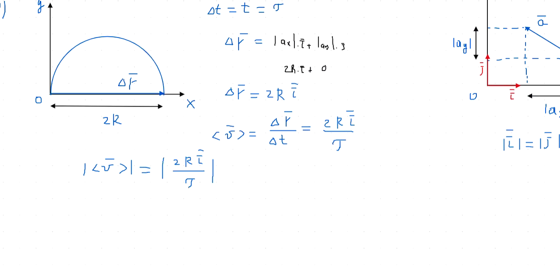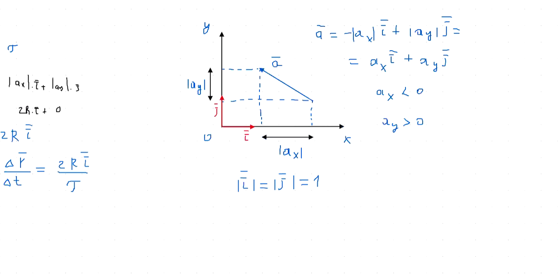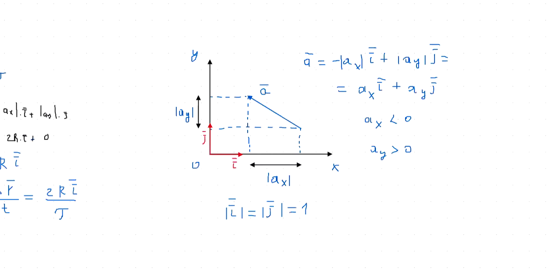Okay, let's have a look again at our picture. The modulus of a vector is equal to its length. According to this picture, we can see that here we have a right triangle, and for such a triangle we can use the Pythagorean theorem.